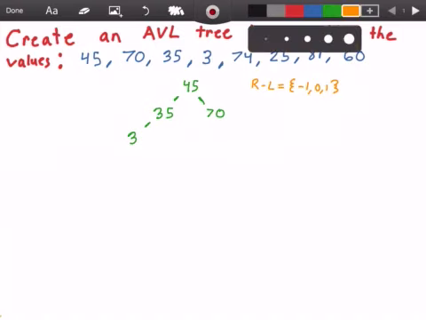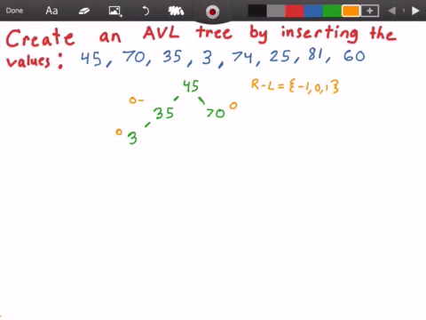We know that 70 still has a balance factor of 0 because nothing has changed for that node. We know that 3 has a balance factor of 0, because its left and right subtrees are null, just like the node 70. 35 has a balance factor of 0 minus 1, because its right subtree is null and its left subtree is 1.